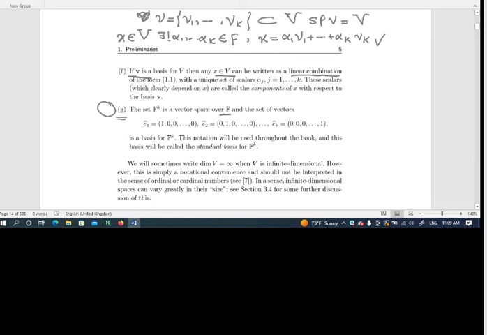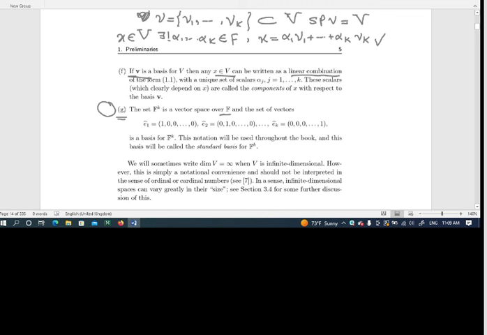Any Ei means the k-tuple that at the i-th place is 1 and the others are 0.